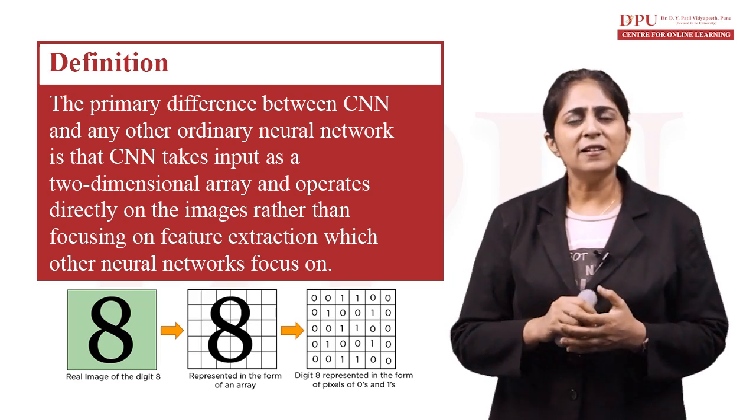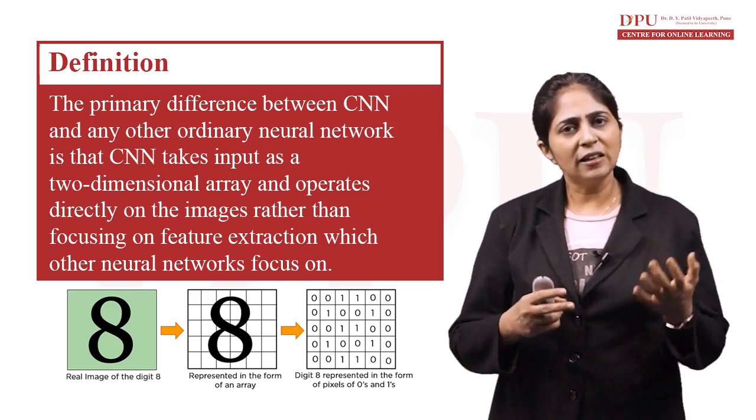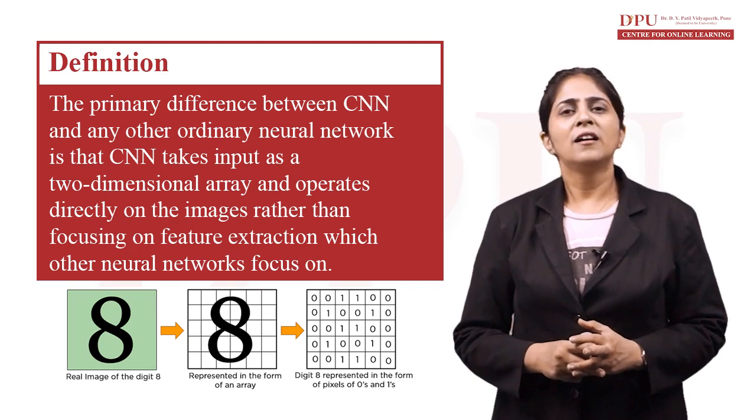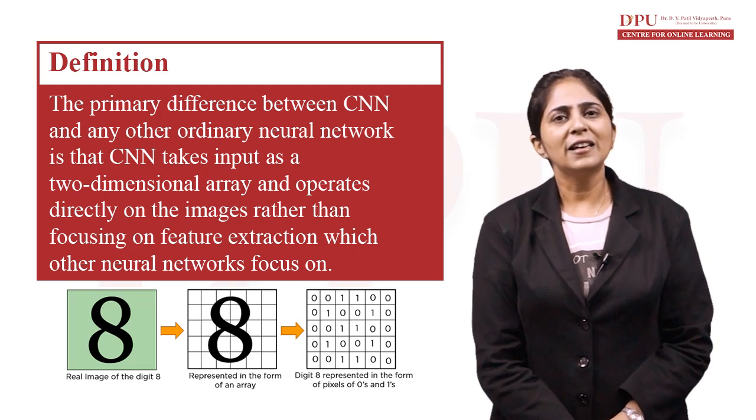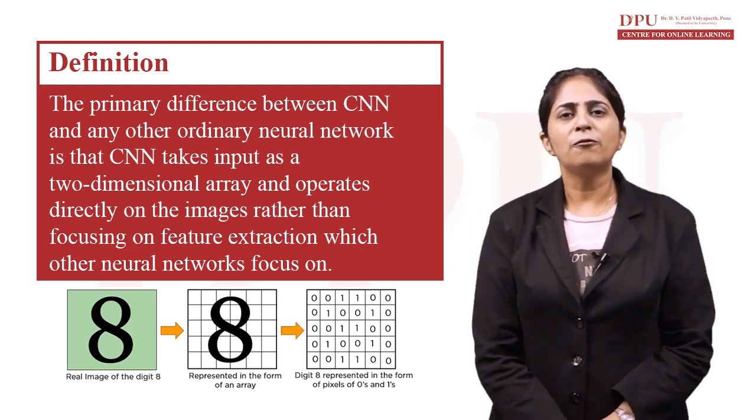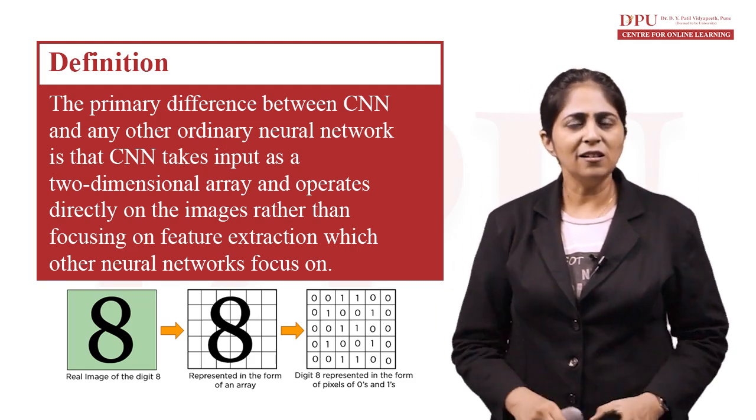So feature extraction was a main feature in the traditional neural network, while in CNN we do not do it that way. Whenever we get an image, we store it in the form of an array of pixels.